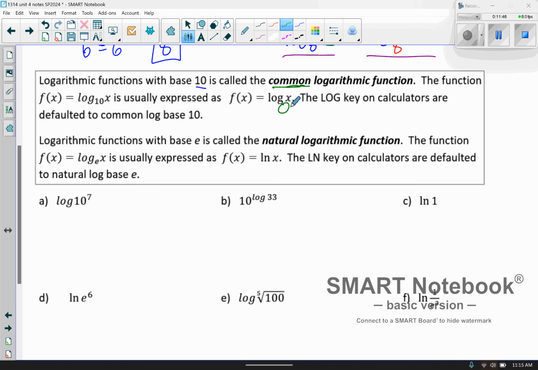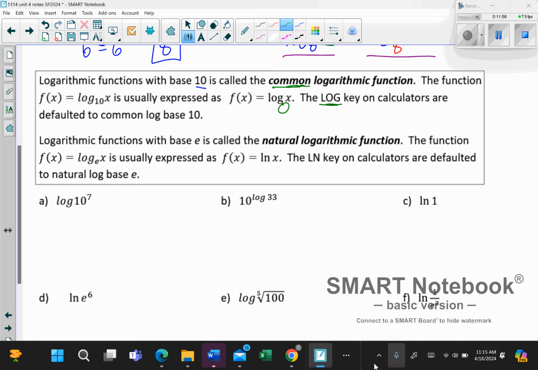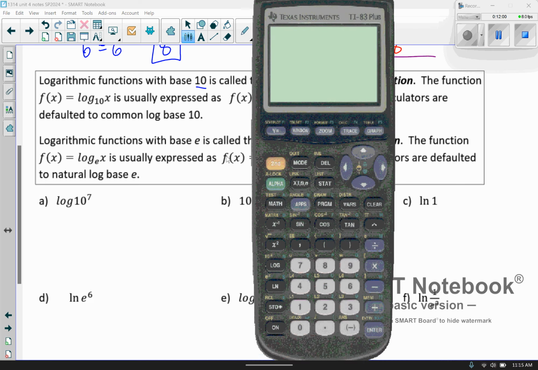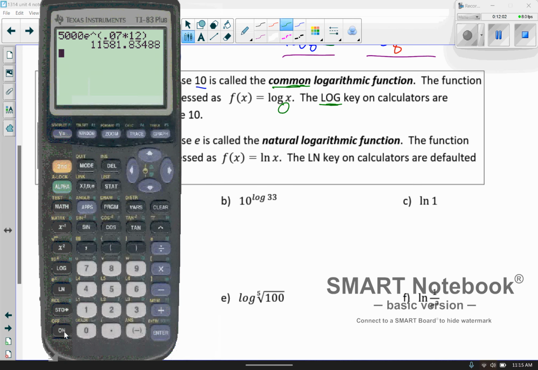So if you don't see a base listed there, it's understood as 10. And that's actually what your calculator is defaulted to when you press the log button. Now, some of these newer, fancier calculators, you might be able to adjust your base, but on some of the older ones, like the one I have up here on the screen, when I push log right here, it has an understood base 10.